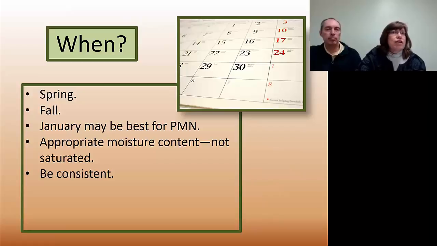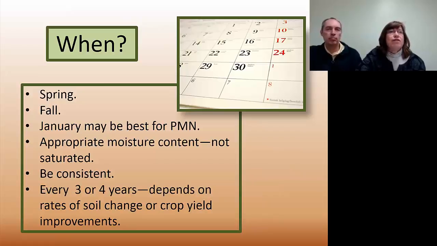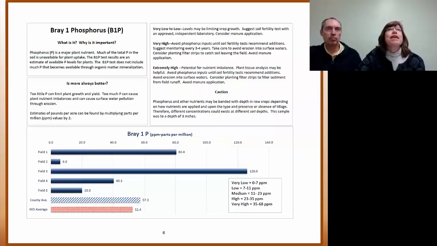And then every 3, 4, or 5 years, depending on the rates of change in your management or crop yield improvements. This is a page from our recent reports that we've developed. One of the concerns that Bianca was talking about was nutrient availability or imbalances when you have manure added.